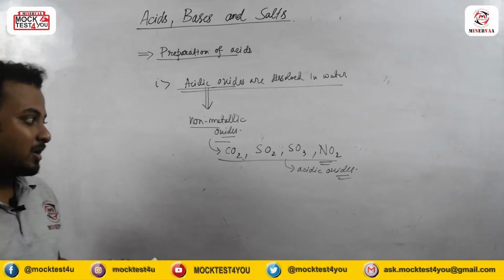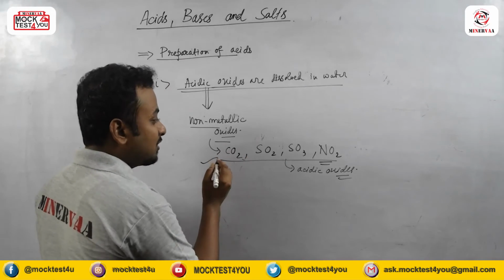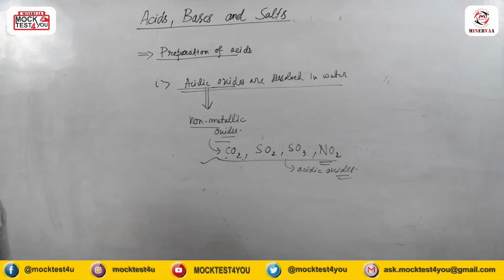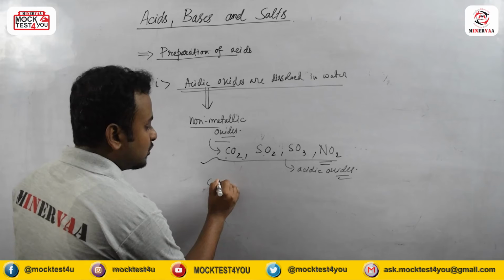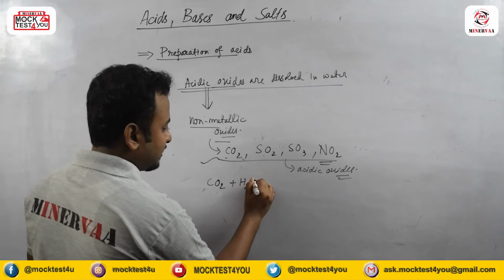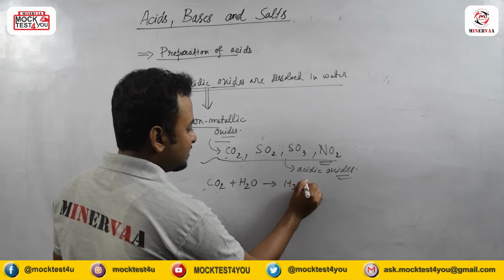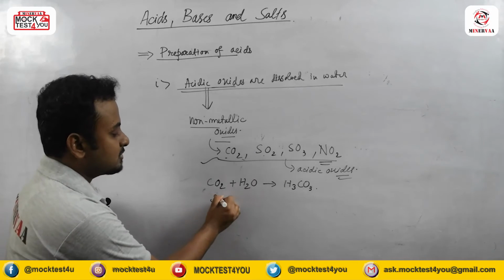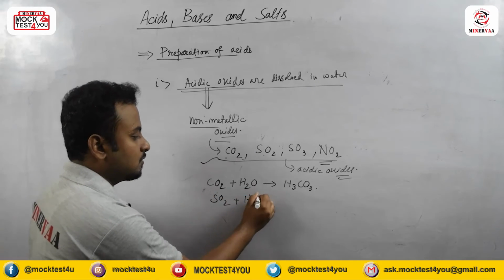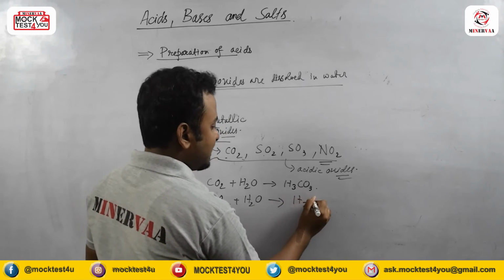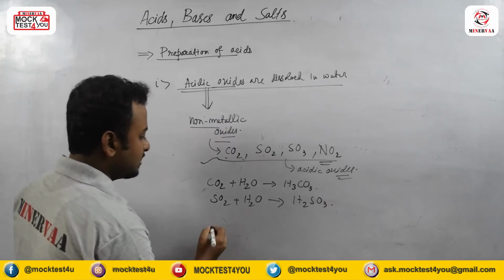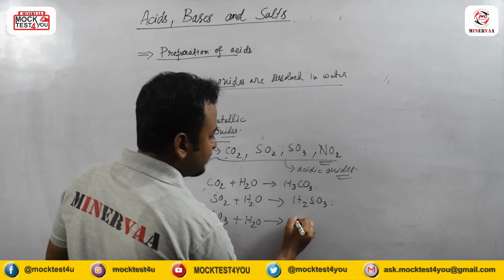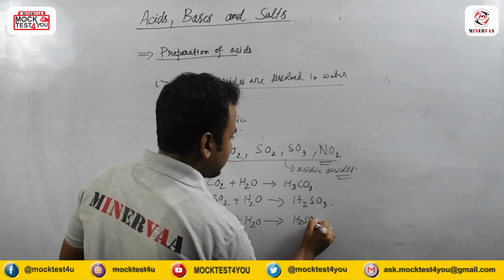When it rains, the water combines with these acidic oxides and falls as acid rain. If CO2 combines with water, it will give carbonic acid. That is the main cause of acid rain. If SO2 combines with water, it will give sulfurous acid. When SO3 combines with water, it will give sulfuric acid.